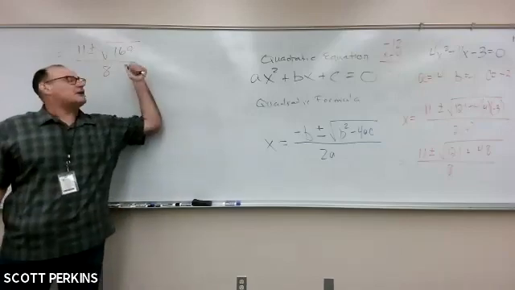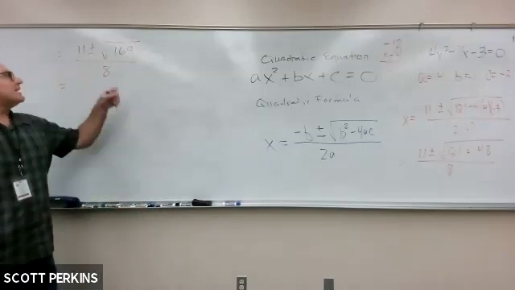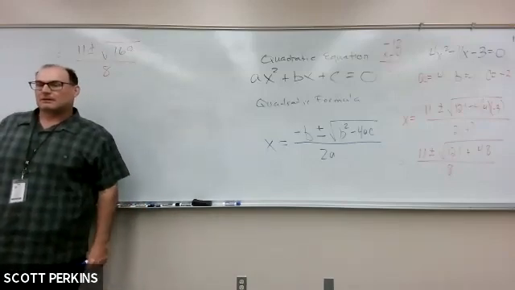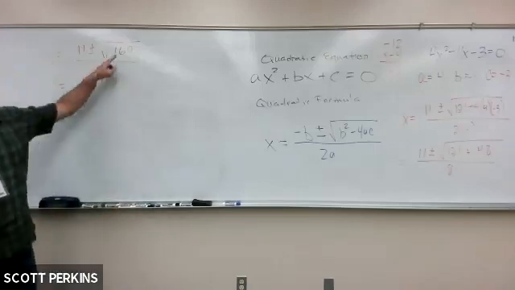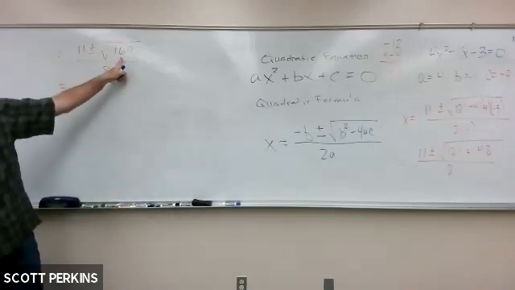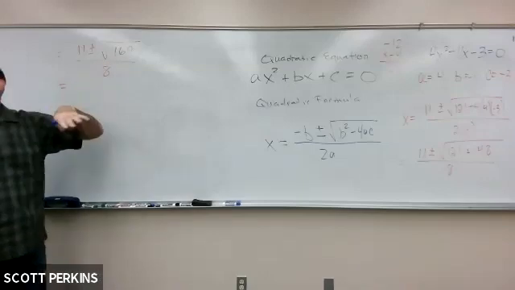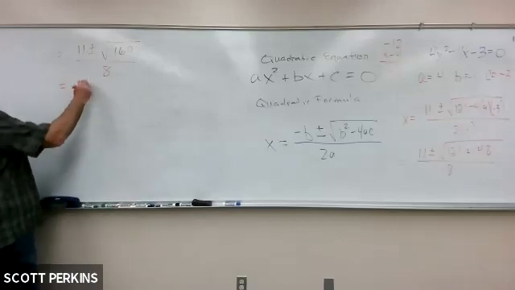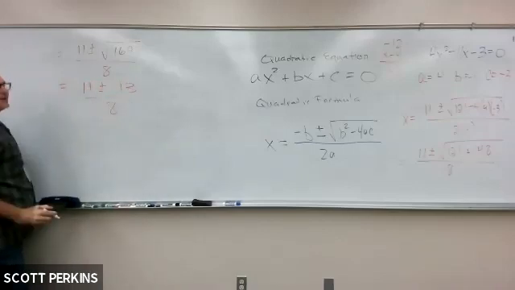If you got a number there that you don't recognize, like 169, put 169 in your calculator and hit the square root button just to see if it works out. What is it? 13. Now, if this doesn't work out, then you might have to simplify it, or it might not simplify at all. In some of the problems that we do in the next few minutes, you'll see a little of each. But this one works out. So 11 plus or minus 13 over 8.